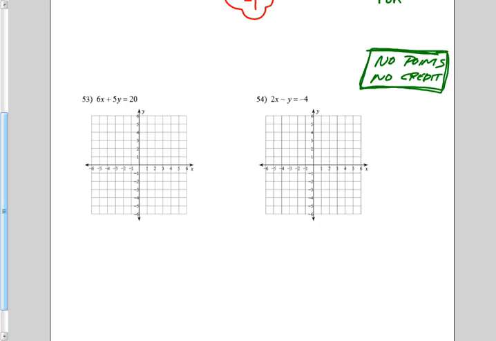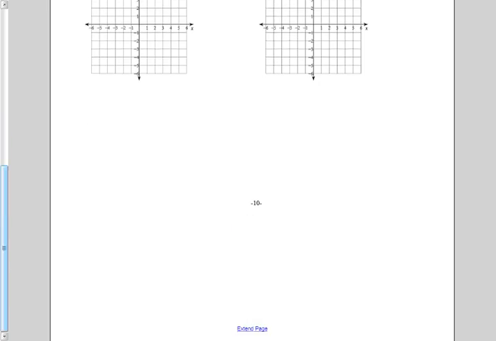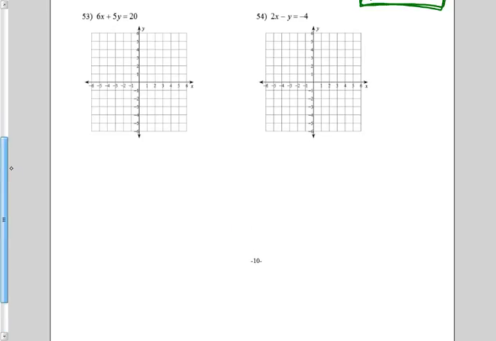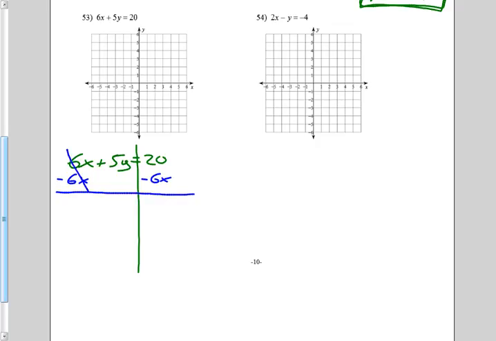Let's take a look at 53 because now we'll see solving something a little harder. So I'm going to rewrite the problem down here so I have a little more room to work. The first step, again, seems to be let's get rid of this 6. Like so.